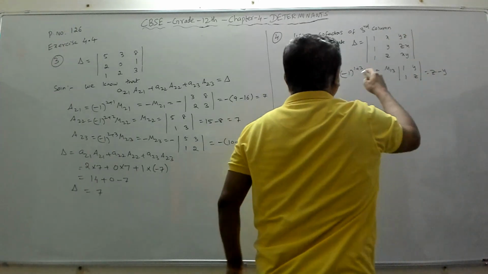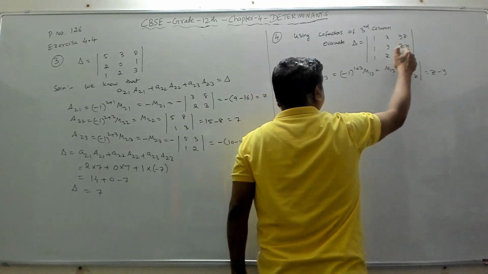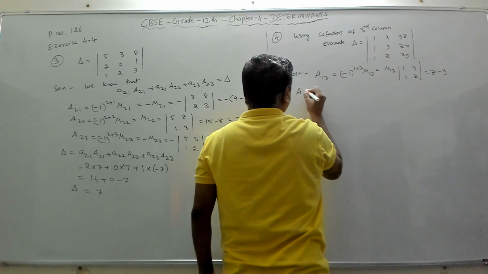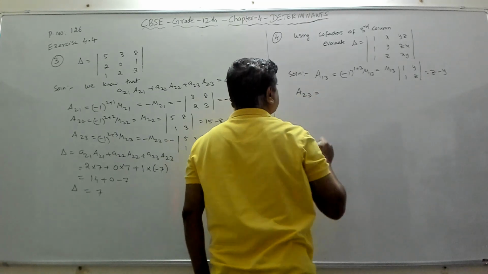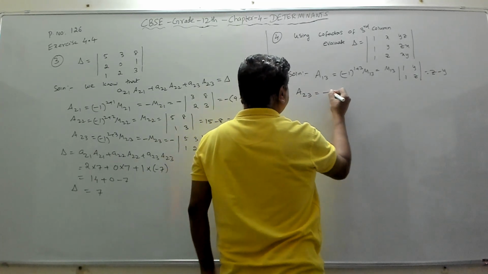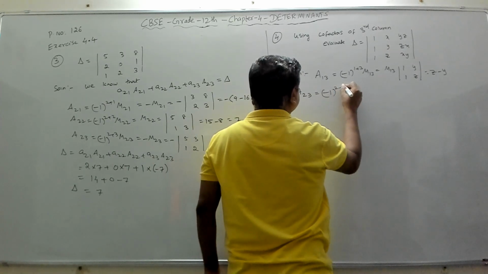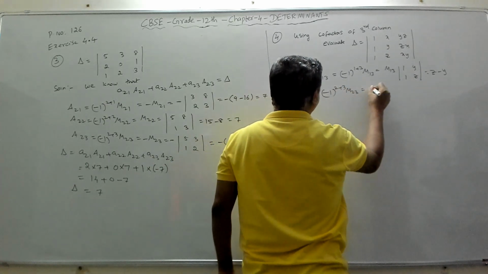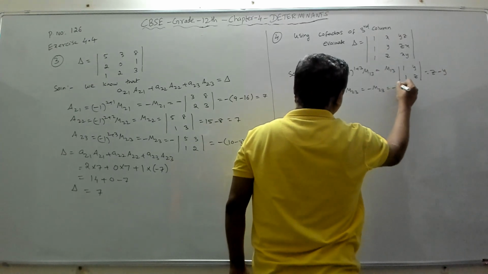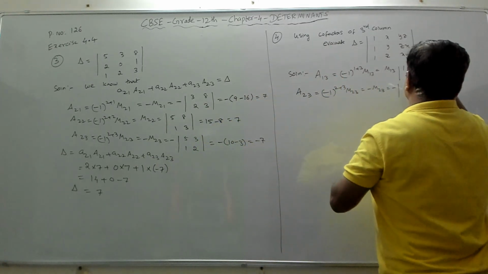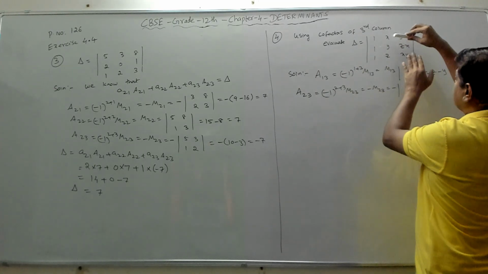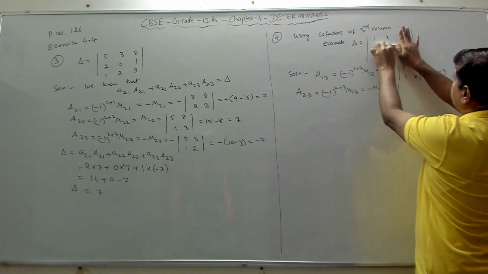Now, for the next element in the third column, we have to find the cofactor, that is A23. That is equal to minus 1 power 2 plus 3 M23, that is equal to minus M23, that is equal to minus of M23. What is M23? We have to close the second row and third column.